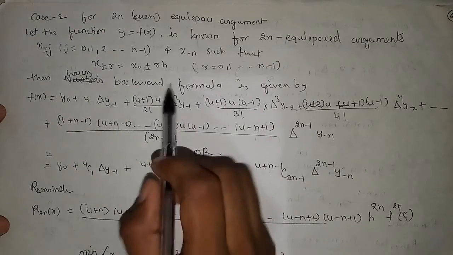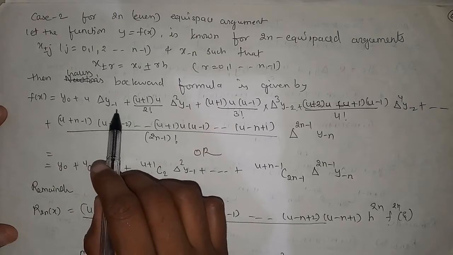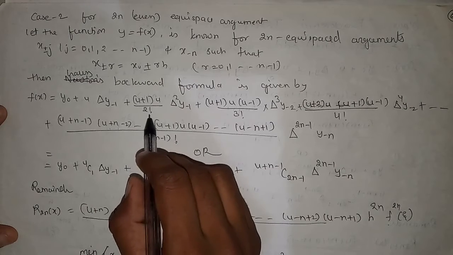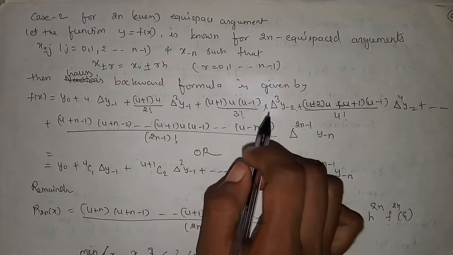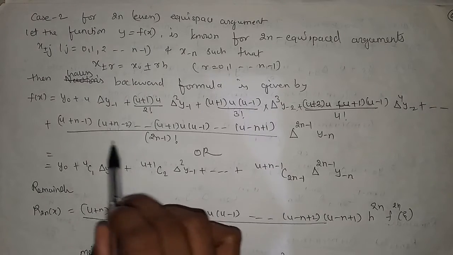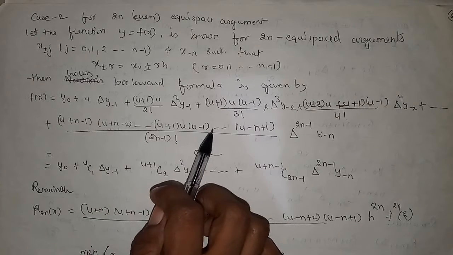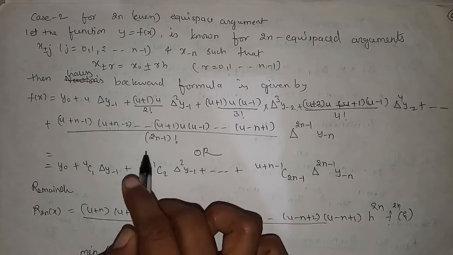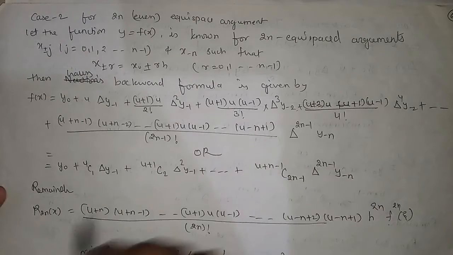For the even case, we have the formula as y0 plus u delta y−1, u(u+1)/2! delta² y−1, (u+1)(u−1)/3! delta³ y−2, and so on up to (u+n−1)(u+n−2)...(u−1)...(u−n+1)/(2n−1)! delta^(2n−1) y−n.